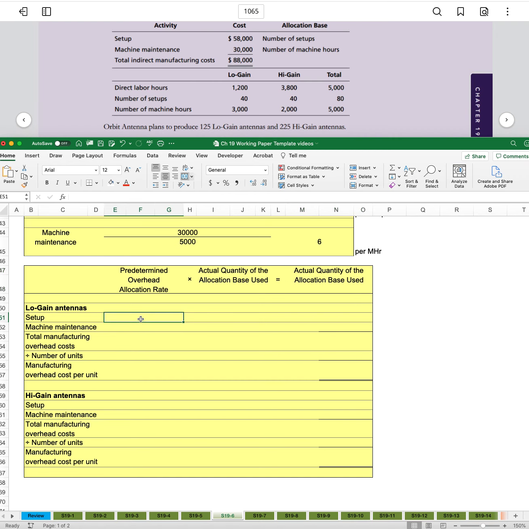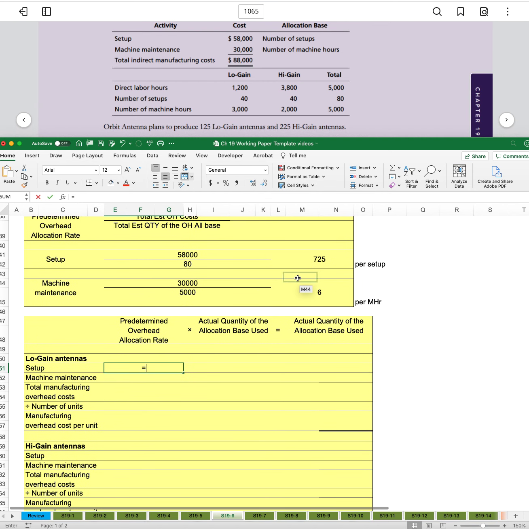So the predetermined overhead allocation rate for setup is $725, and the predetermined overhead allocation rate for machine maintenance is 6. And then we're multiplying that by the actual quantity of the allocation base used. So when we come up to number of setups, we have 40 for low gain. And machine maintenance or machine hours, we have 3,000.